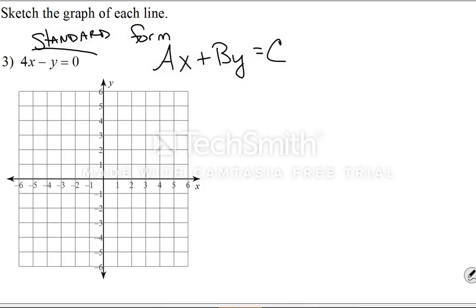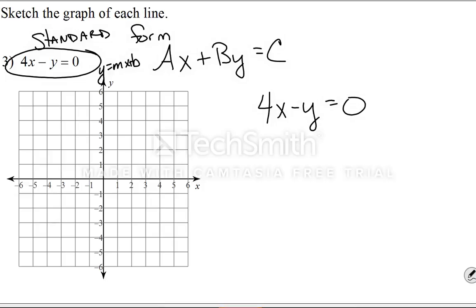What I need to do is take that equation and change it so that it looks like y equals mx plus b. And how do I do that? Well, I'm going to solve for y. So subtracting 4x from both sides, I'm left with negative y equals negative 4x plus 0. Well, if it's plus 0, it doesn't need to be there. You can write it, it doesn't matter, but it doesn't need to be there.